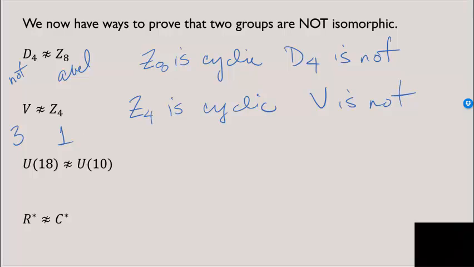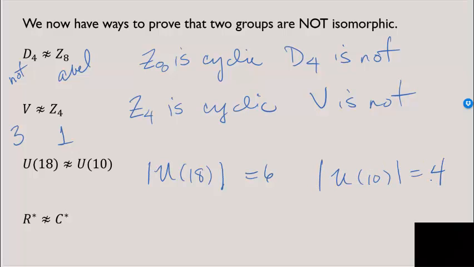U18 is not isomorphic to U10. Well, you would have to take a look at these two groups to see why. You know they're both abelian, so you should check. But the order of U18 is 6, and the order of U10 is 4, so we need go no further.